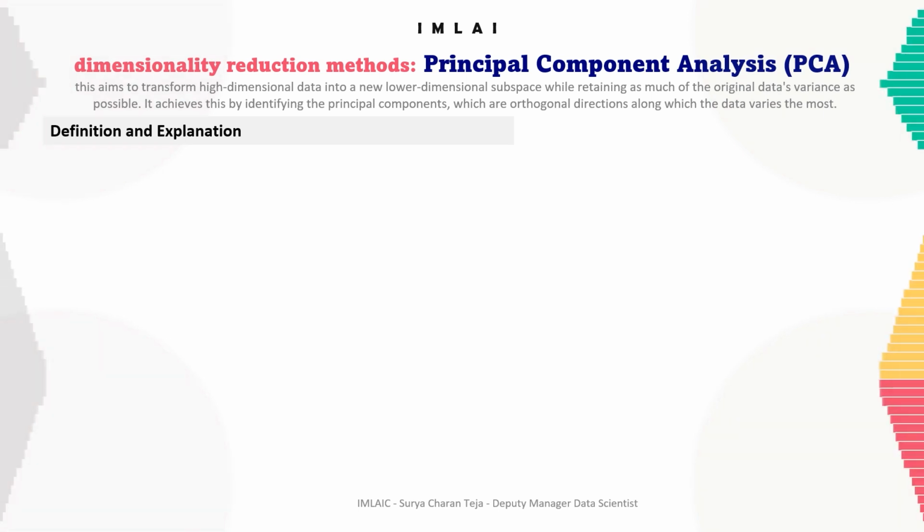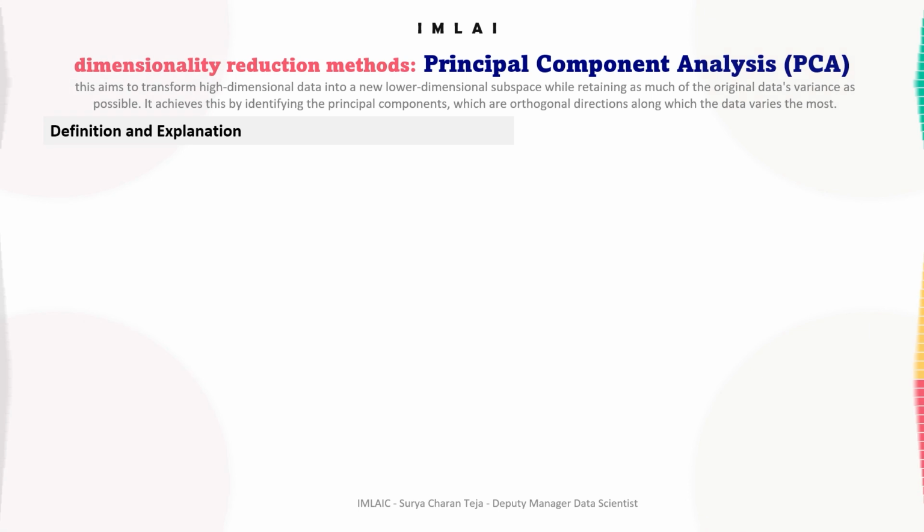So what are principal components? Principal components are the new transformed features obtained from the original data. Each principal component is a linear combination of the original features.